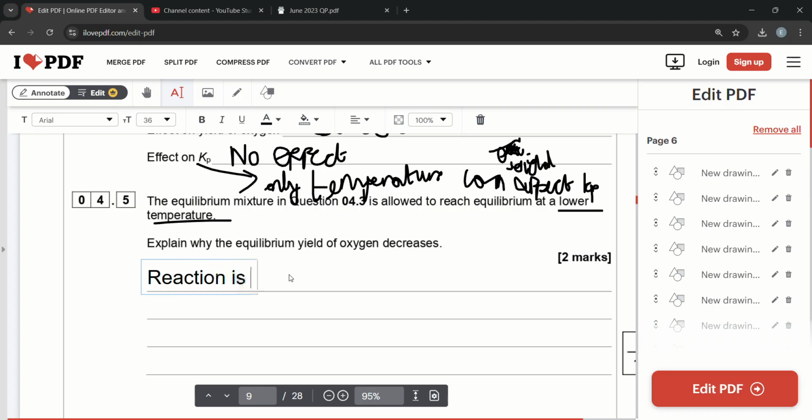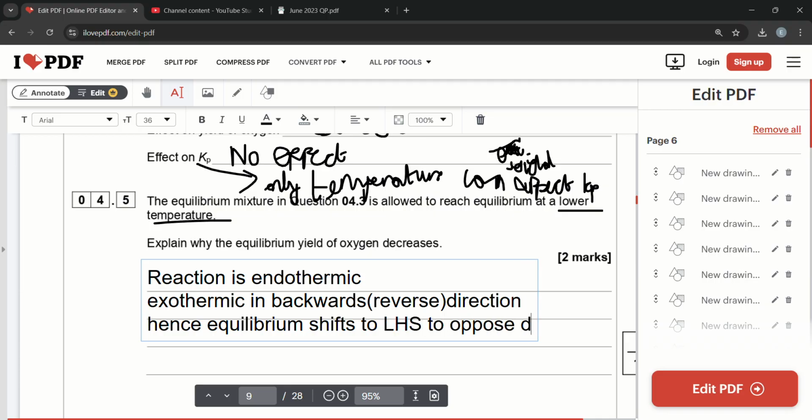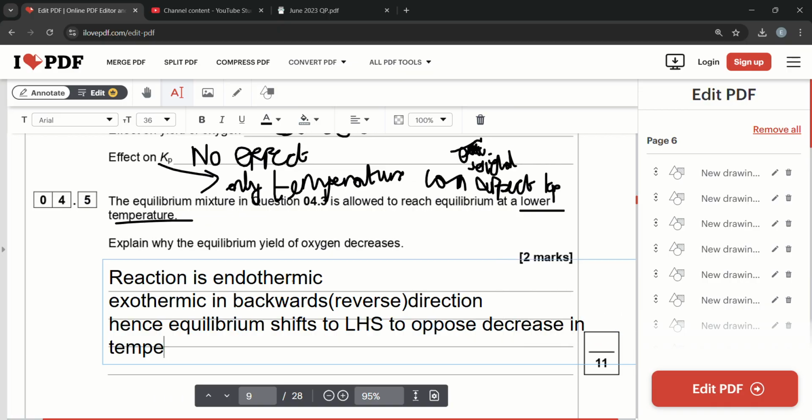So what would we start off with? Reaction is endothermic, delta H positive, exothermic in backwards, that's the reverse direction, hence equilibrium shifts to the left hand side to oppose the decrease in temperature, to raise the temperature.